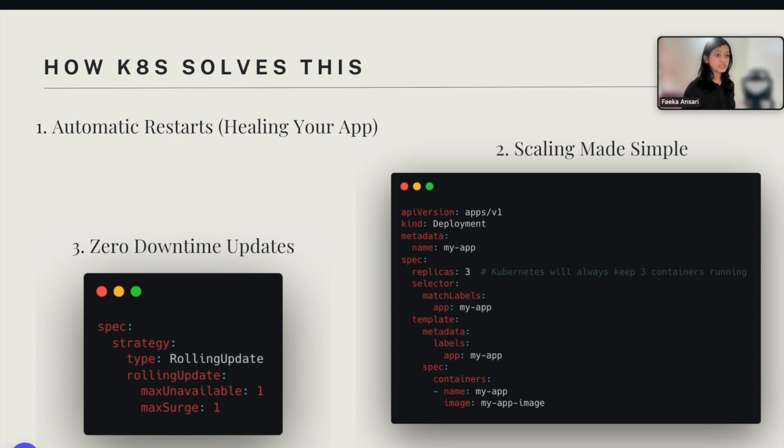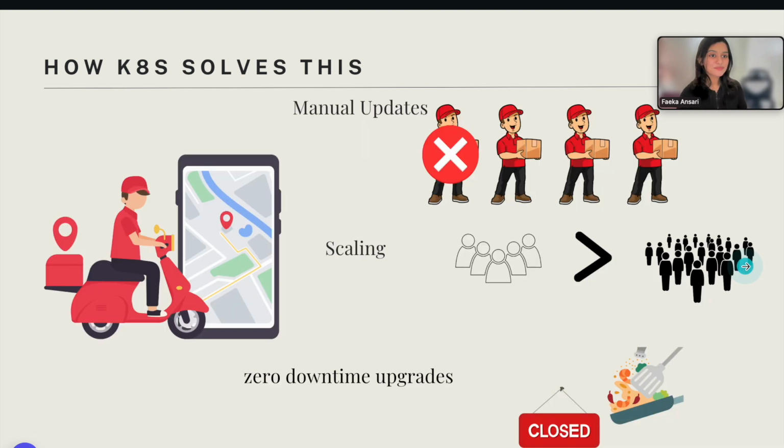It will also log the information for you to debug in the future. This is such a cool feature. Just imagine if your application crashes at say 2 a.m. at night and you have to wake up and run a command to restart it. With Kubernetes, it will just detect the crash and restart the container automatically, so you can sleep peacefully.